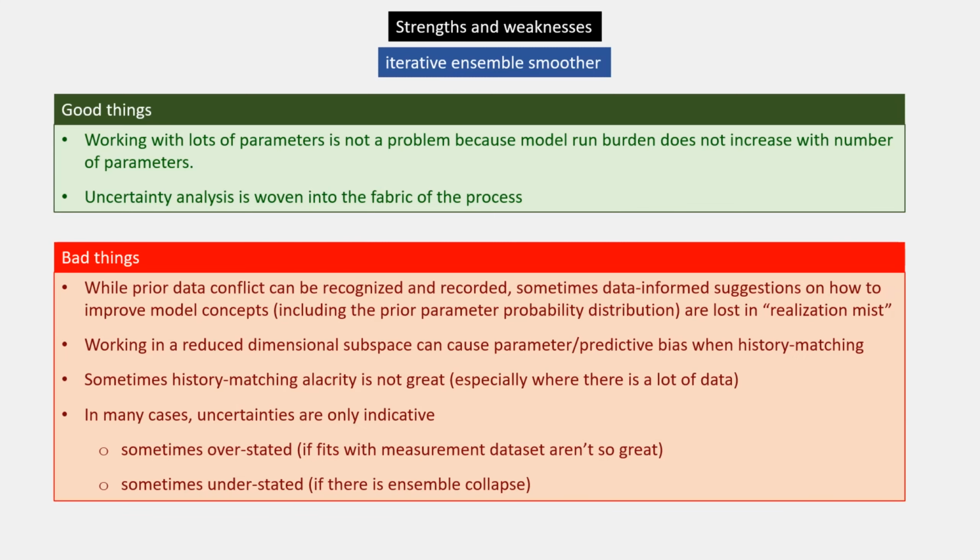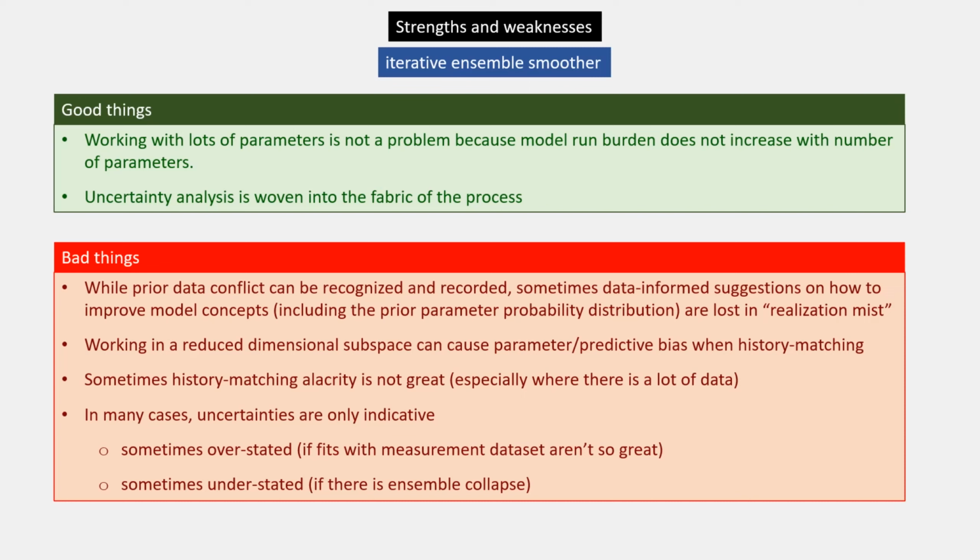The not so good things, well, I find it's a little bit hard to undertake that laborious process of model refinement. Yes, we can look at things like prior data conflict, but listening to the data and perhaps telling us through stupidity of parameter values or failure to get a good fit where the conceptual basis for the model is in error, sometimes it's a little bit hard to work out exactly what to do next, because we're not seeking that minimalist solution to the inverse process, and so the message of what may be wrong with the model and what needs fixing with the data or the model may get a little bit lost in realisation mist.